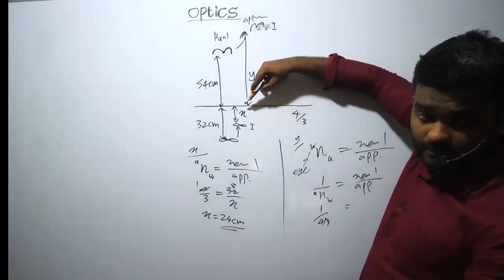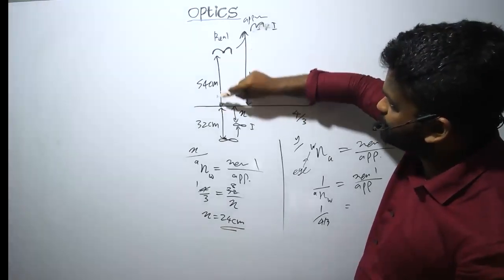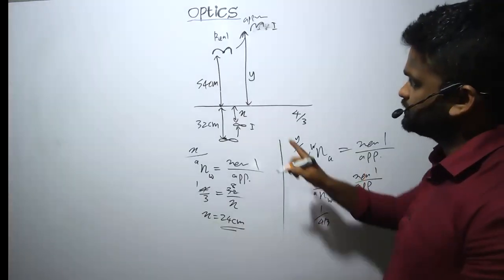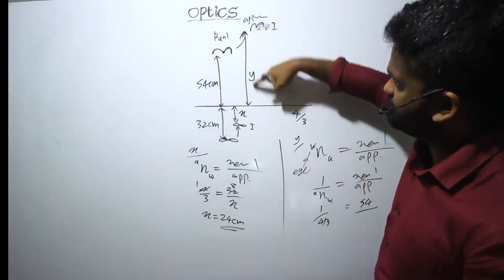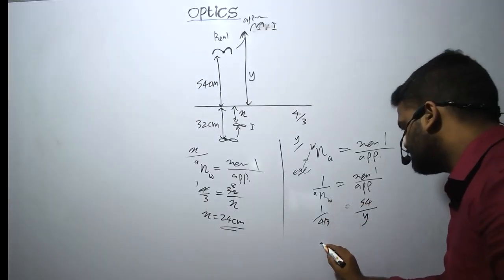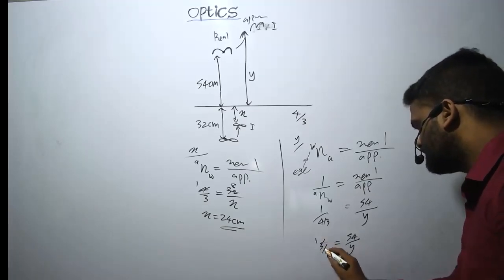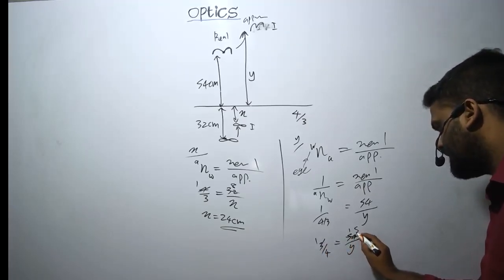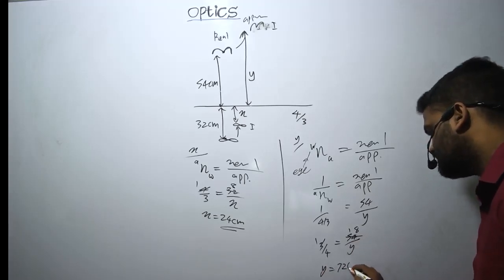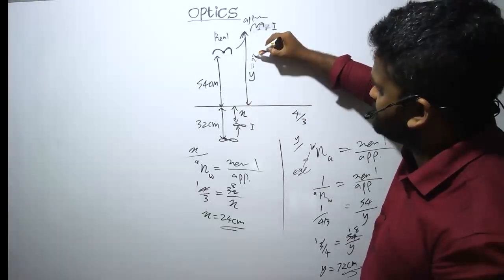Real depth of the bird measured from the interface, the bird is at 54 centimeters. Apparent depth of the bird is y. So 3/4 equals 54/y. You can divide by 3 on both sides: 18, 18 times 4 is 72. It is more than that, the value is 72 centimeters.